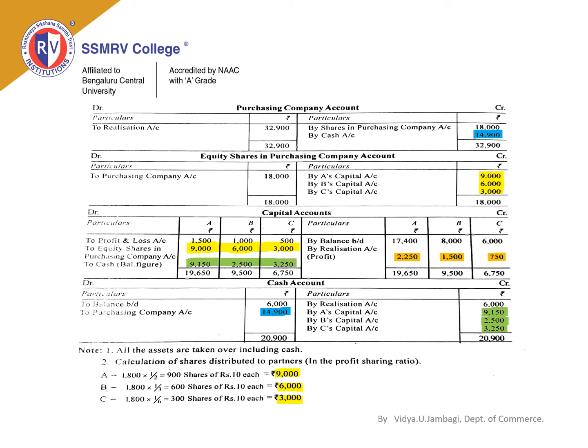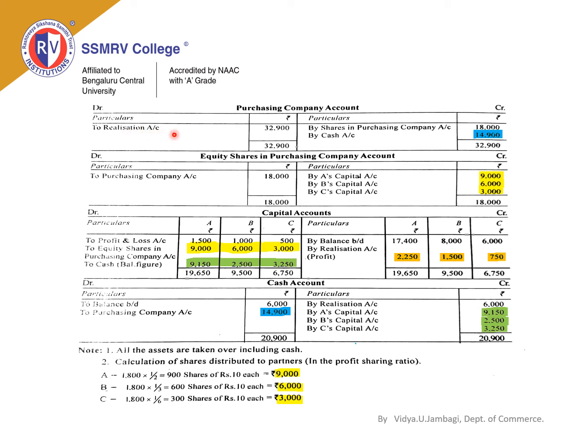Next account that is prepared is the purchasing company account. So in purchasing company account, we write an entry for PC due on the debit side and for PC paid on the credit side. For the PC due, the entry is purchasing company account debit to realization account.